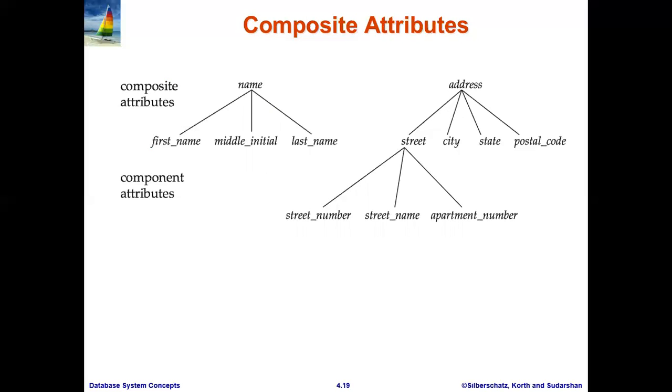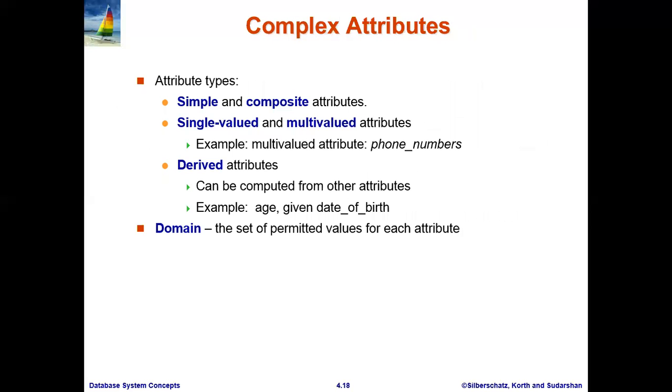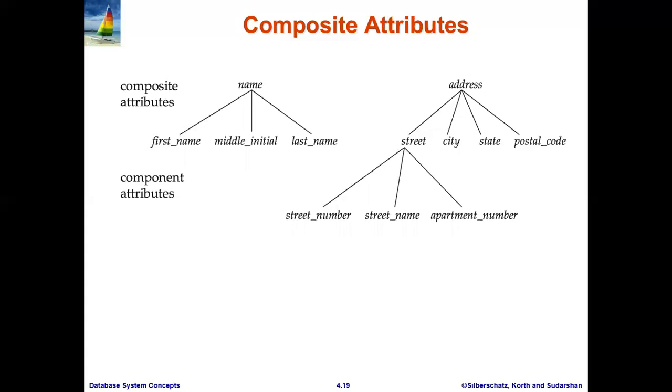Second type is composite attributes. Now you can observe here, composite attributes are those attributes which are divided into subparts. The attribute which is not divided into subparts is a simple attribute. The attribute which we can divide into different parts is called a composite attribute.